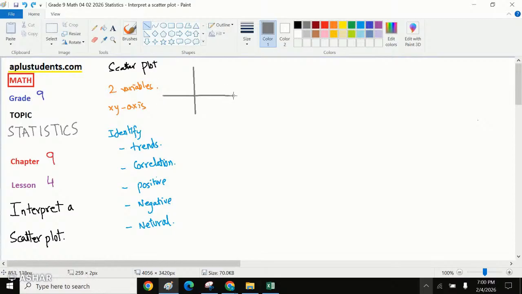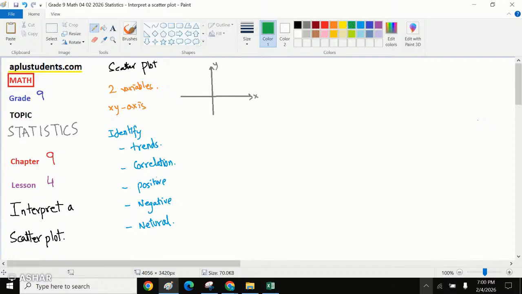Let's say this is our xy axis. This would always be the x-axis, and the vertical is always the y-axis. Let's see the three types of correlations we have: positive, negative, and neutral.